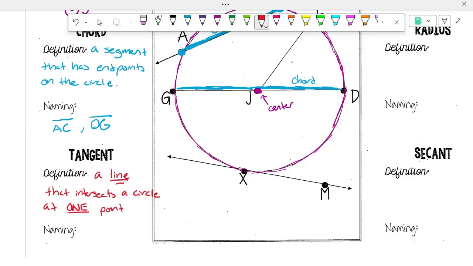So it actually doesn't go through the circle. It literally just hits it, like it just gives it a little peck and then moves on its way. So it's just barely touching the circle.